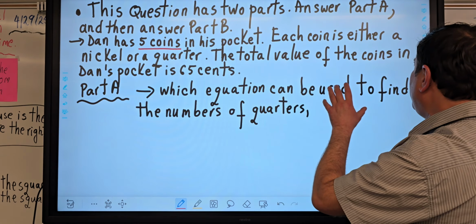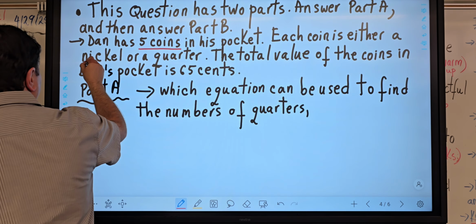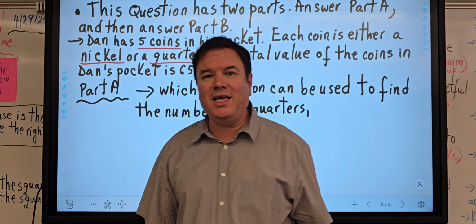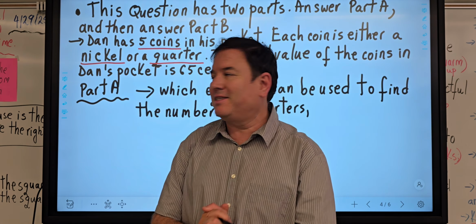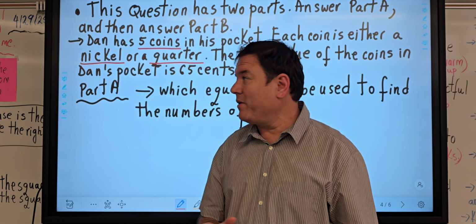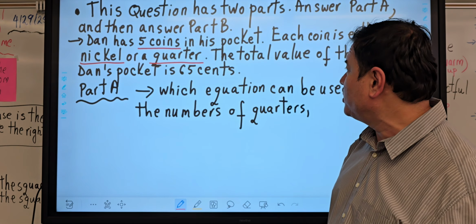Each coin is either a nickel or a quarter. Remember, a nickel is 0.05 dollars and a quarter is 0.25, or 25 cents. 5 cents and 25 cents. Pay attention, very important information.